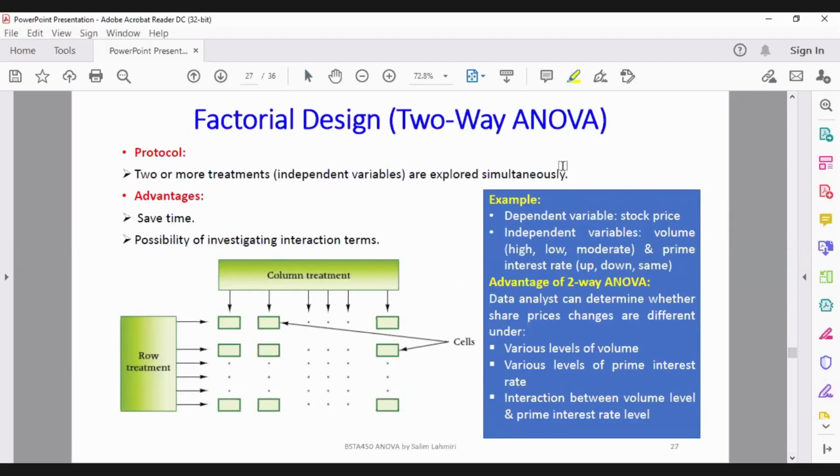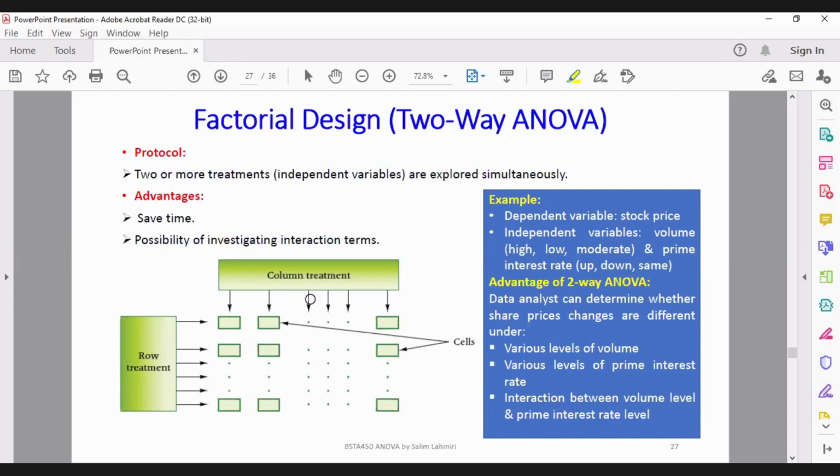Two-way ANOVA. In two-way ANOVA, we have two or more treatments, meaning that two or more independent variables are explored in a simultaneous manner. Advantages: you save time and have the possibility of investigating interaction terms.